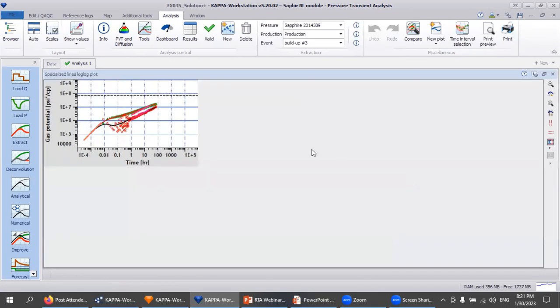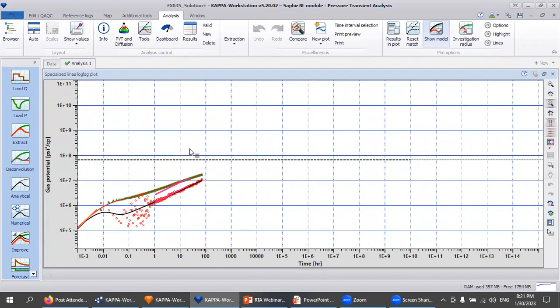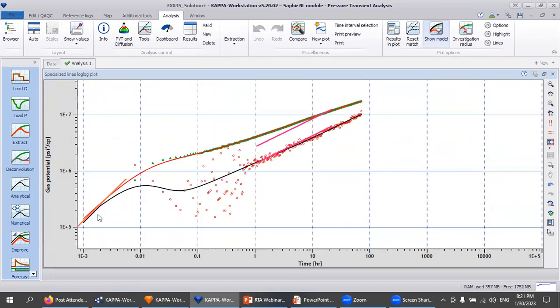Additional specialized plots help to confirm the slope of the straight lines we have. This line is the half slope line for fracture linear flow, and this one, for constant wellbore storage, means we have a unit slope line.